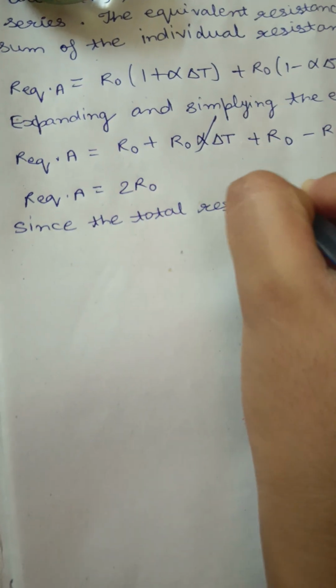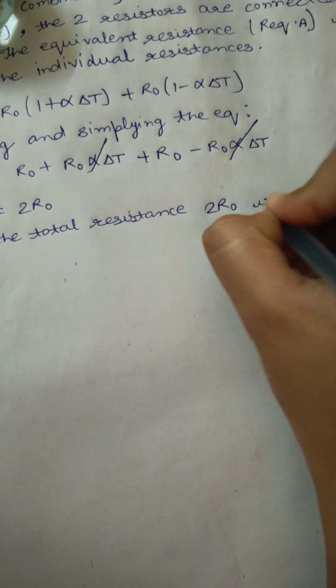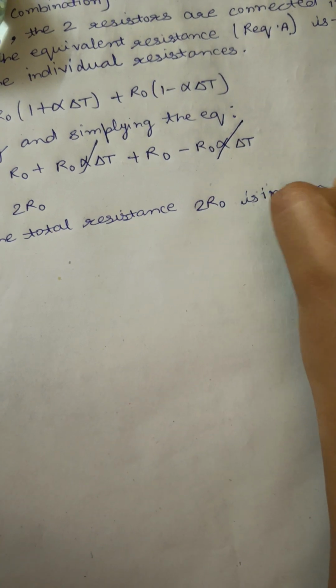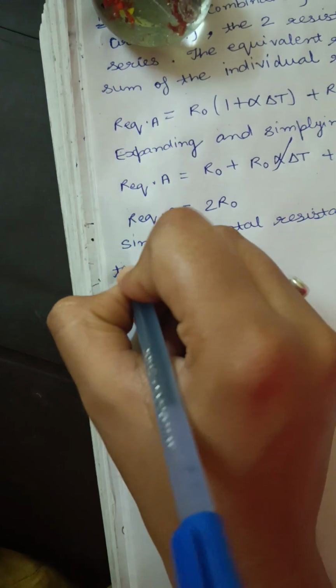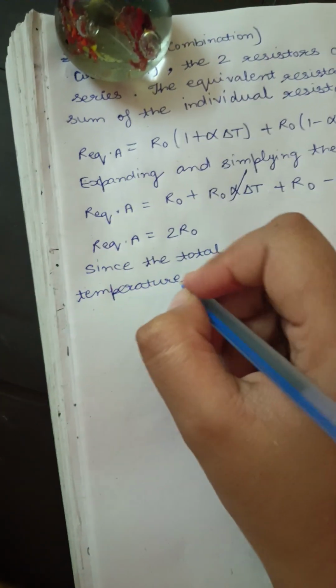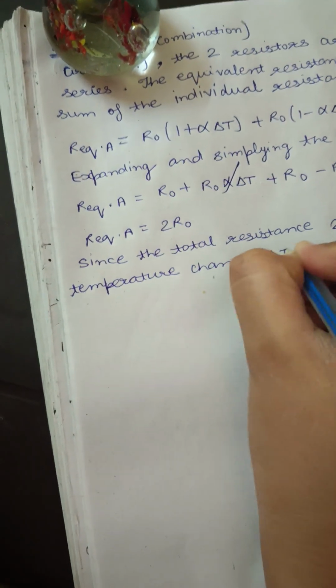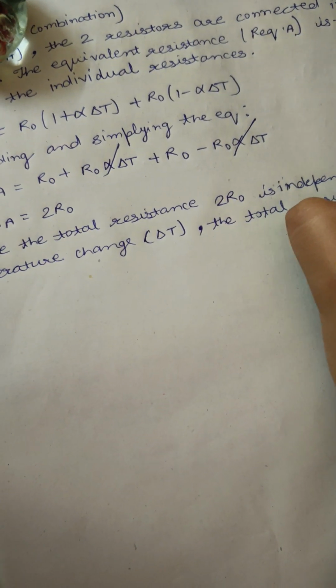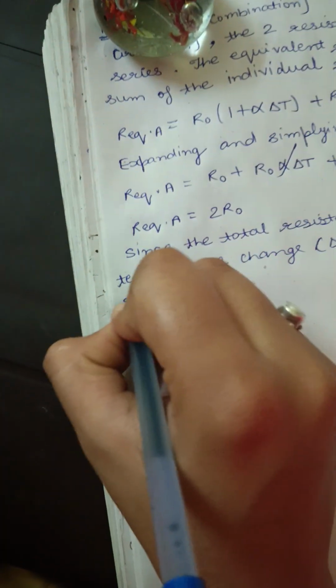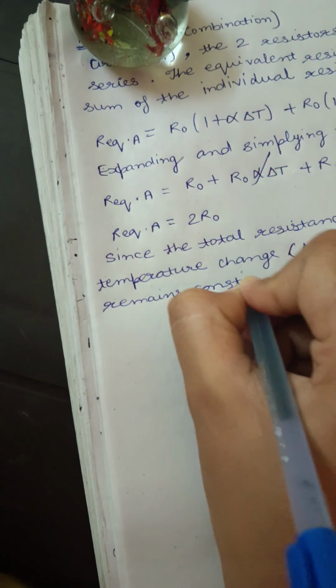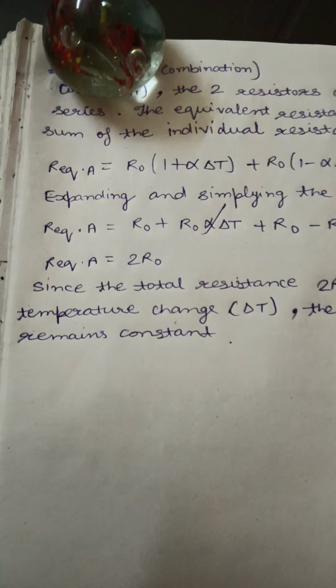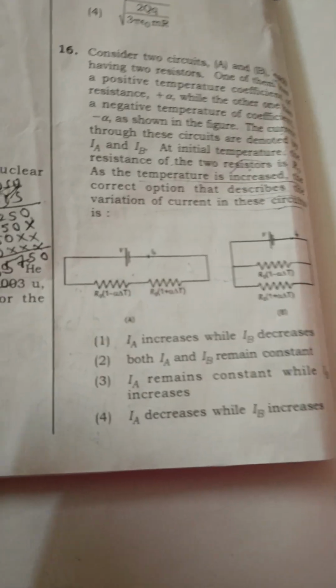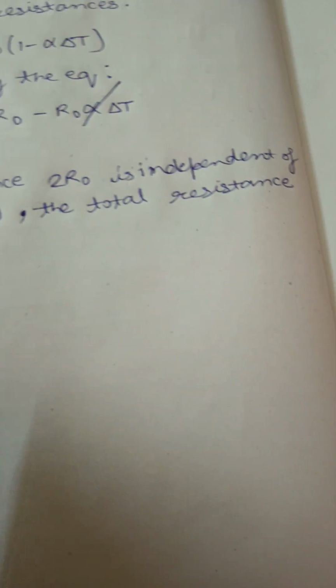Since the total resistance 2R naught is independent of temperature change delta T, the total resistance remains constant. So circuit A is going to have constant resistance because the temperature change does not affect it.